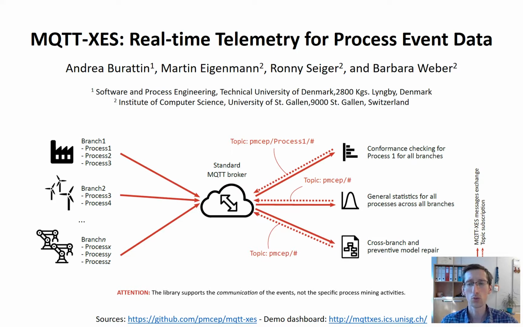And then we can do also the cross-branch model repair, meaning that we can check if there are deviations of one process in one branch, and maybe we can include these variations on the same process over different branches in order to prevent future issues.